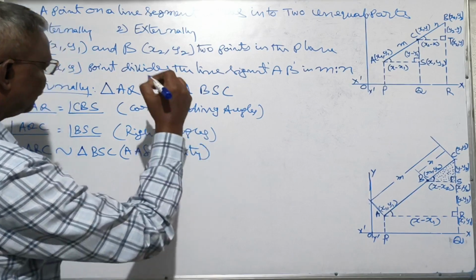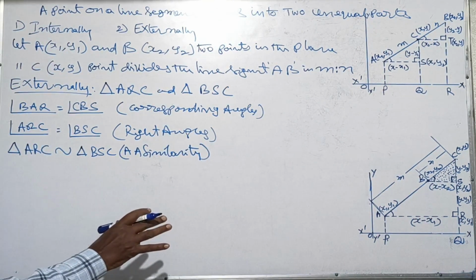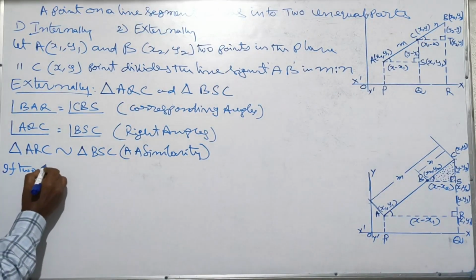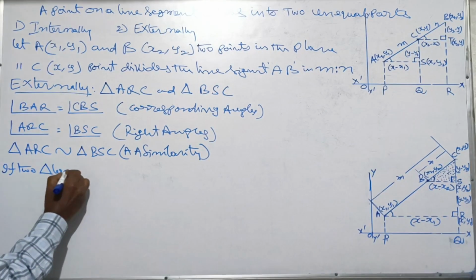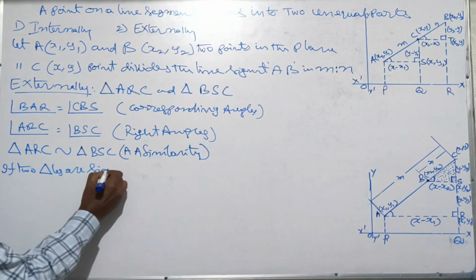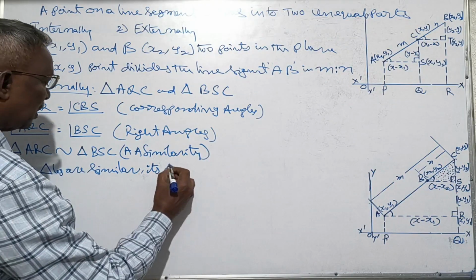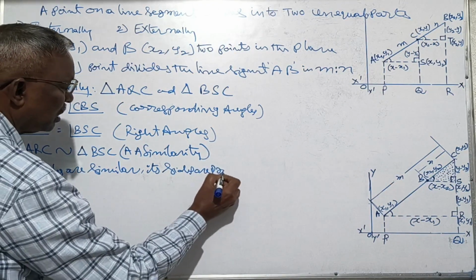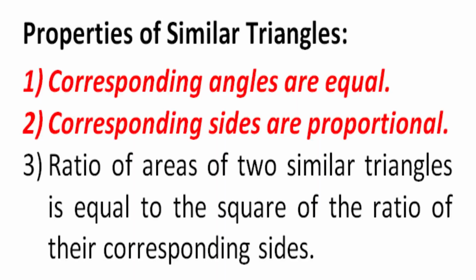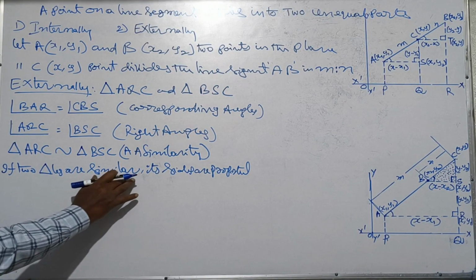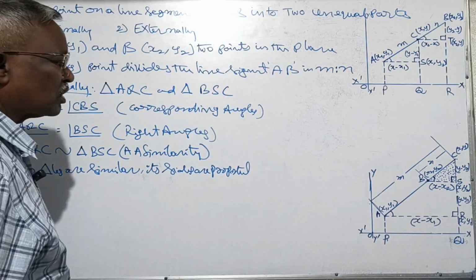If two triangles are similar, their sides are proportional.